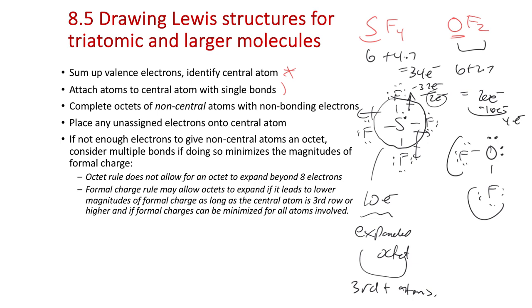And so that actually looks pretty good, right? Because the oxygen satisfies an octet and the fluorines are all satisfying an octet. If I calculate the formal charge of O here, it is 0, and the fluorines are 0. If I go back to SF4, even with those 2 electrons around the central atom, I have 1, 2 for the lone pair, and 1, 2, 3, 4 bonding pair electrons from the 4 bonds.